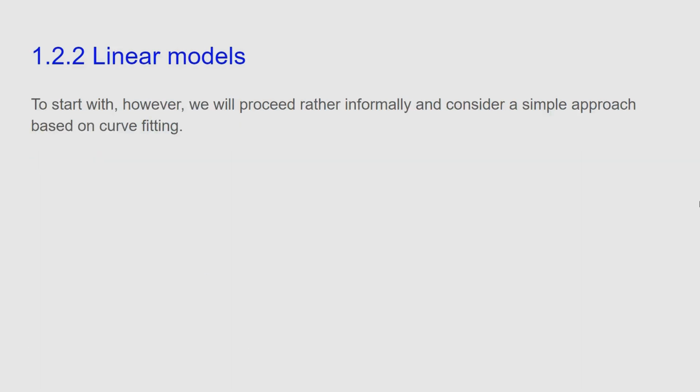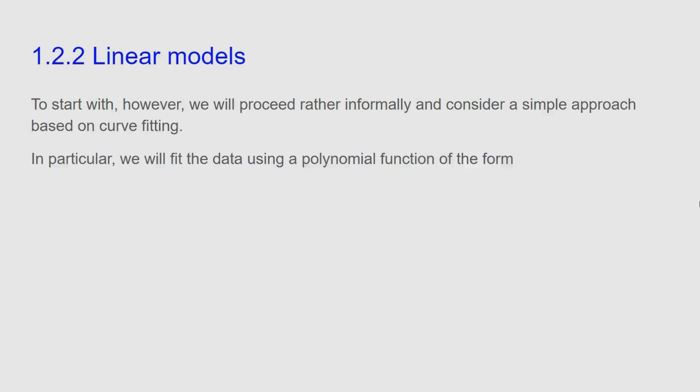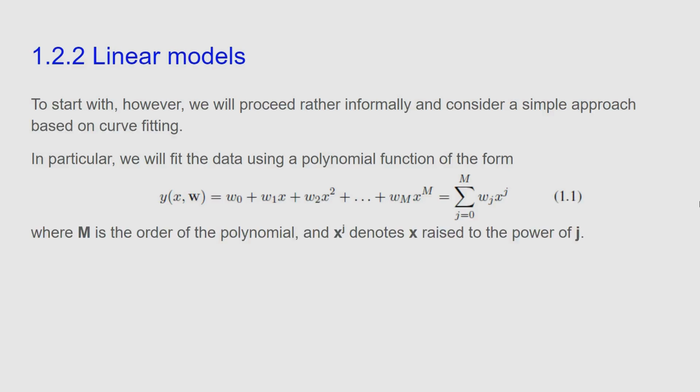To start with, however, we will proceed rather informally and consider a simple approach based on curve fitting. In particular, we will fit the data using a polynomial function of the form, where M is the order of the polynomial.